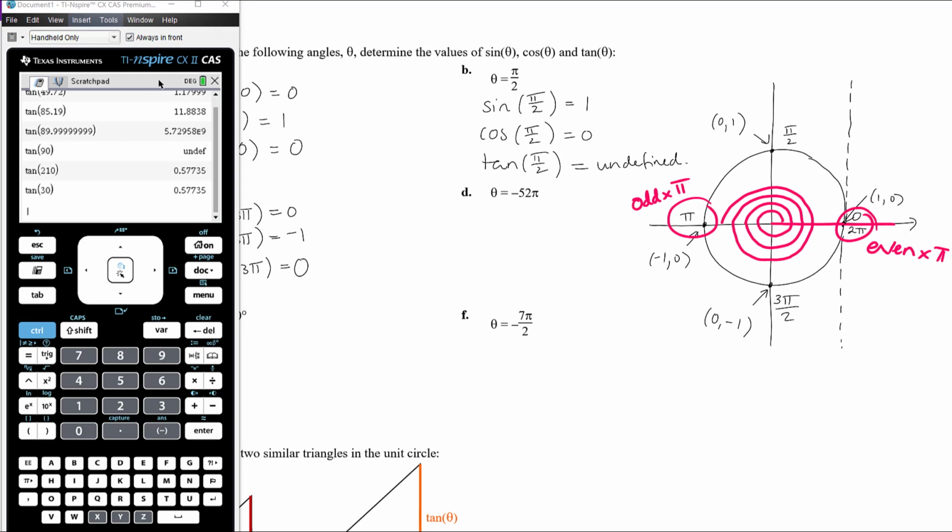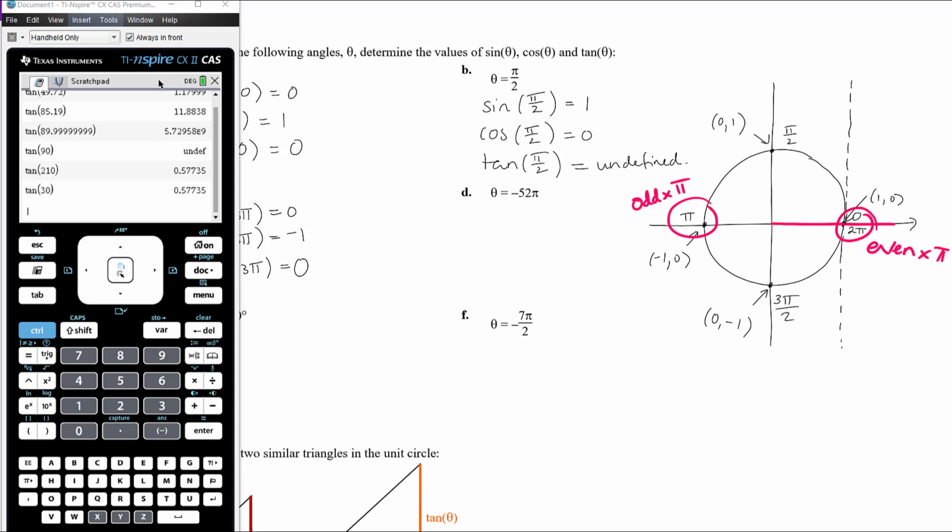Negative would be the same if we went in the other direction: negative pi, negative 180 degrees, negative 2 pi, negative 3 pi, negative 4 pi, negative 5 pi, negative 6 pi. So we've got the odd multiples of pi, whether positive or negative, on the left-hand side, and the even multiples of pi on the right-hand side.